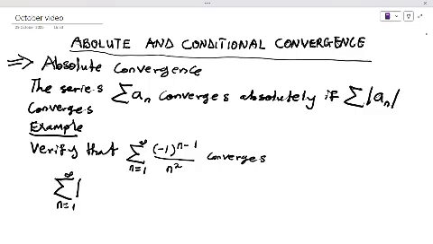So we want to find the absolute value of (-1)^n over n to the power of 2. The absolute value of this will give us the series from n equals 1 to infinity of 1 over n to the power of 2.